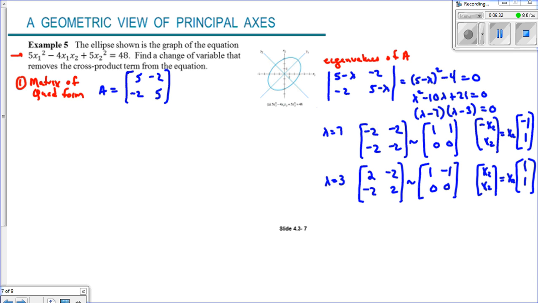So now to form P, we need to find the magnitude of these vectors and normalize them.